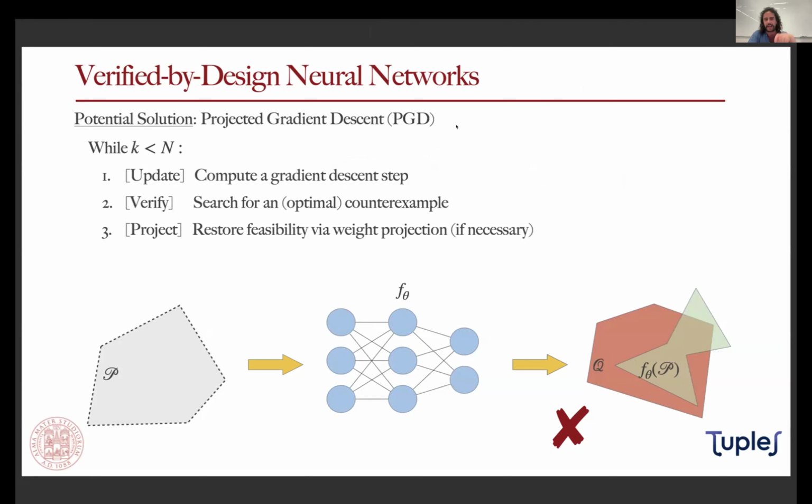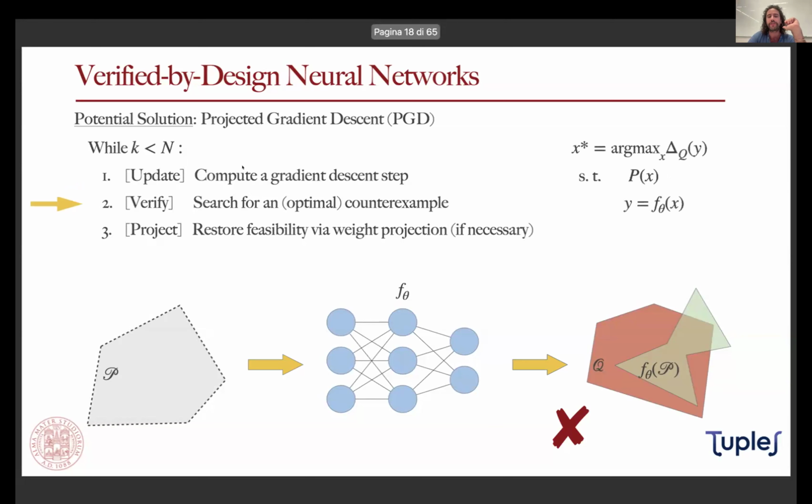It is a variant of gradient descent that works more or less like this. In each iteration, you compute a gradient descent step in the standard way: you compute the gradients and update the parameters of your model in the opposite direction, just the standard gradient descent.